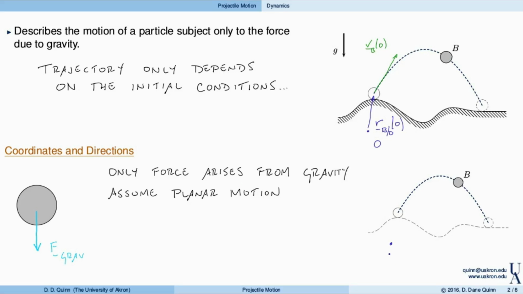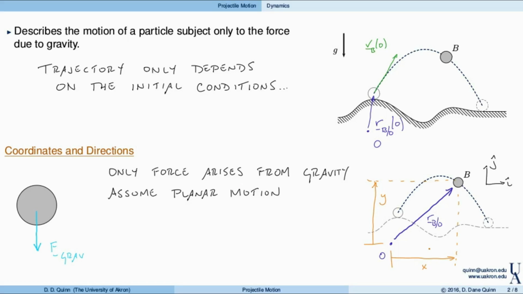So again, with an origin defined here, we can identify directions I and j to be horizontal and vertical, so that the position of this ball, which is again described by r of b with respect to O, can be measured in terms of Cartesian coordinates, namely the displacement of the ball in the horizontal direction, which we'll define as x, and then the displacement of the ball in the vertical direction, which we define as y.